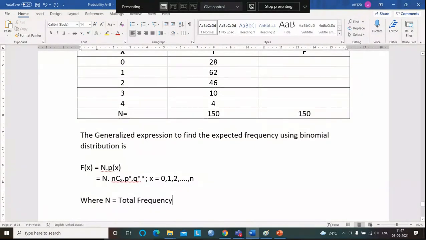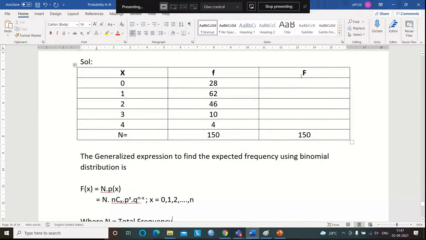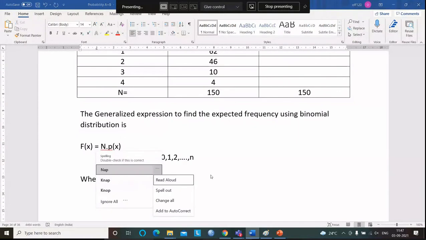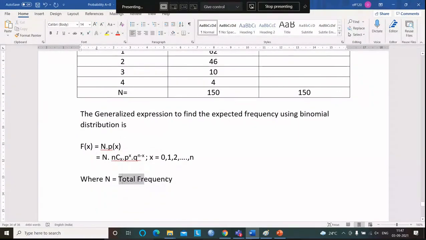The generalized expression to find expected frequencies, that means to find this capital F, using binomial distribution, is capital F of x equal to capital N into P of x. Where capital N is the total frequency, that is 150 of observed frequencies. And what is P of x?